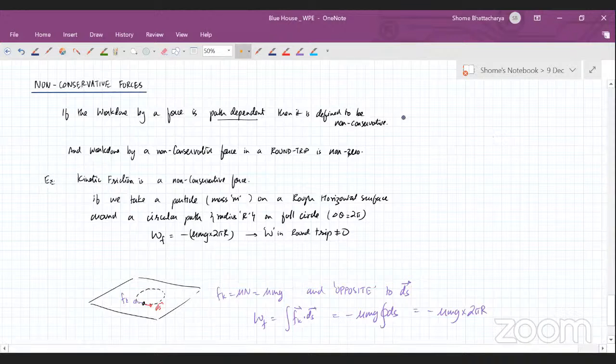Yes, Samad, the integration of ds over a closed cycle, which is a circular path, is nothing but the circumference, which is 2 pi r.